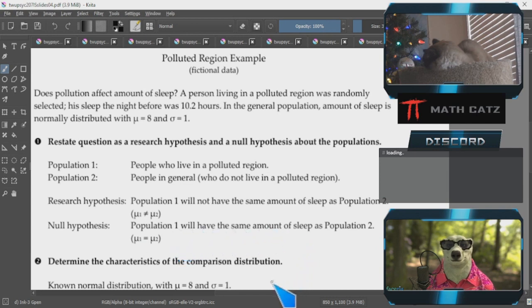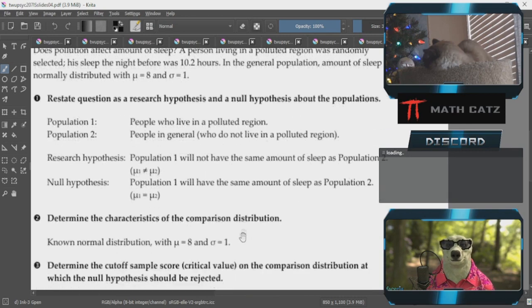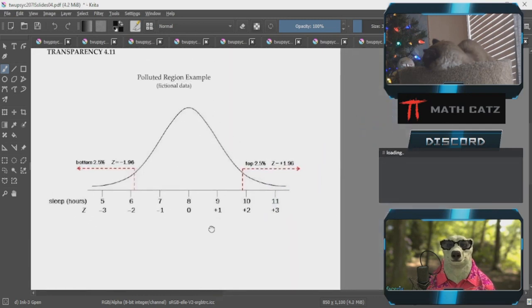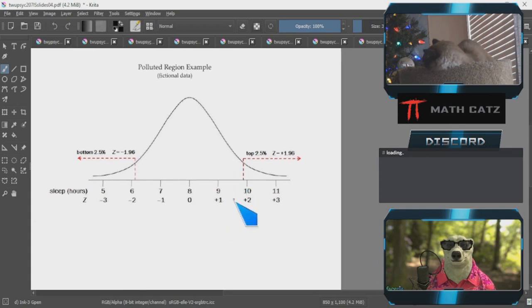So our comparison distribution, like they said in the question, let's visualize. Actually, what alpha are we doing? 5%. Okay. Can't remember. Let's visualize what's happening here. Well, we have our 2.5% on either side, familiar cutoff of 1.96 and the negative, of course.